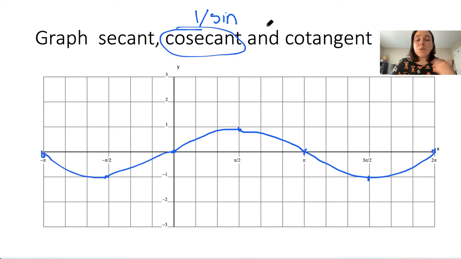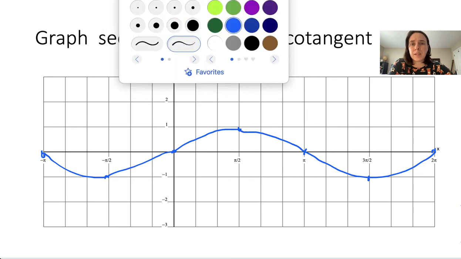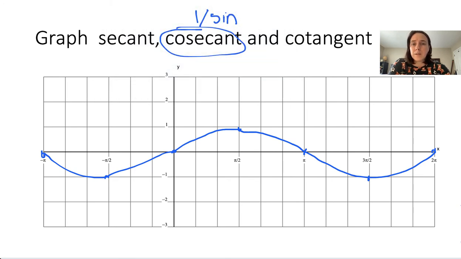So we want to do the same thing. We want to start by asking ourselves, okay, where does sine cross the x-axis? Where are those vertical asymptotes of cosecant going to be? So I have one here, I have one here, and I have one here. And also over here. Can't forget that one.